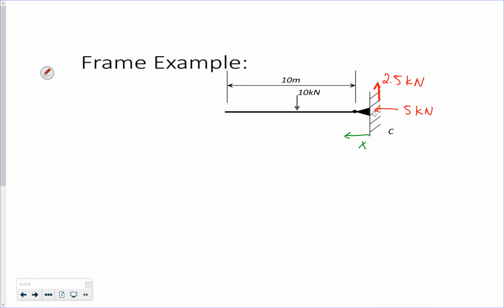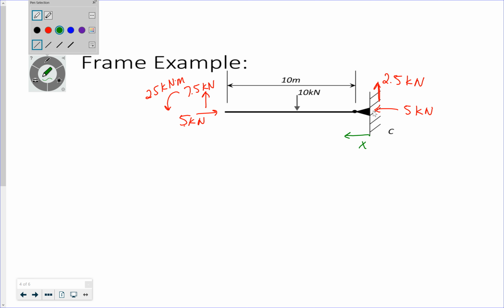Now I'm going to look at the beam by itself, acting equal and opposite. It has the 5 kilonewtons, the 7.5 kilonewtons acting up, and counterclockwise 25 kilonewton meters. I'm going to break it up into 2 different sections because I've got this discontinuity of my concentrated load right there.